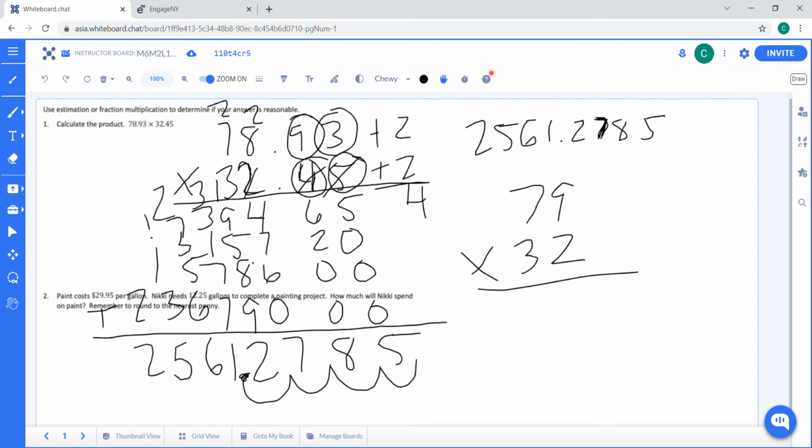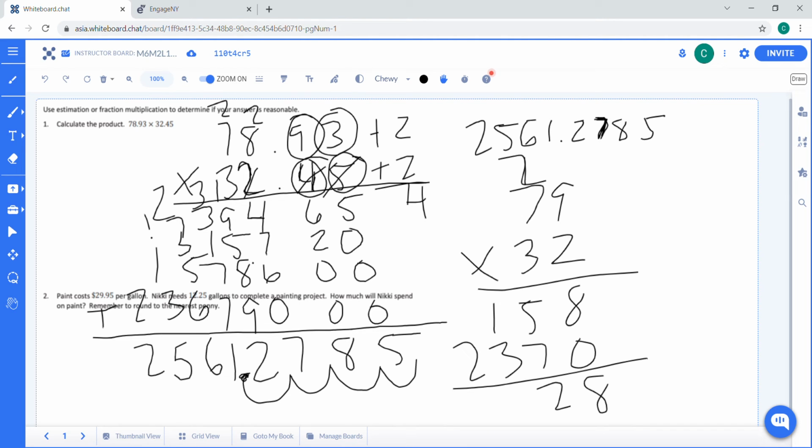If I multiply those, I get 8, 1, there's 15, 27, carry my 2, 21, 22, 23, 8, 2, 5, 2. Well, that was pretty close to that. Okay, so we're good with that one. All right, let's do this other one here.